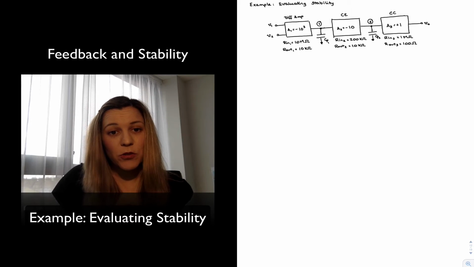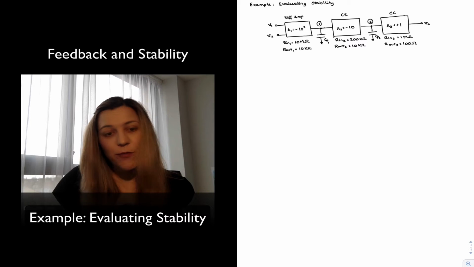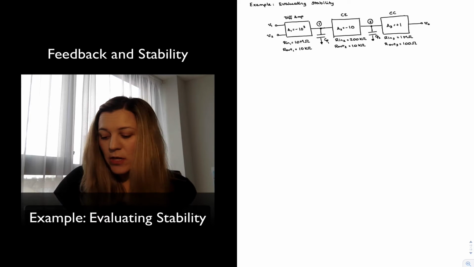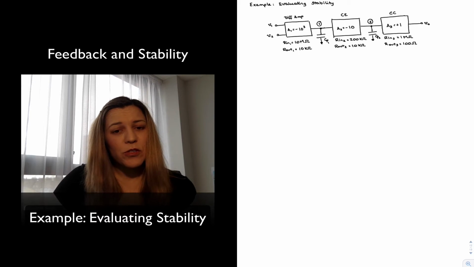Now, there's typically going to be a third pole, but if my output stage is a common collector stage or another wideband amplifier, then the third pole is going to be far out enough in frequency, at a sufficiently high frequency, that I can, for practical purposes, ignore the effect of that pole.